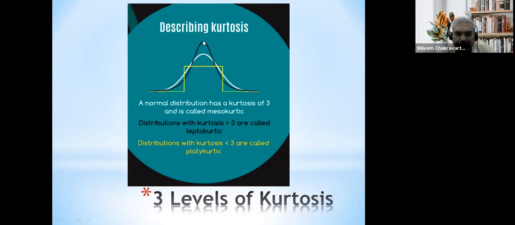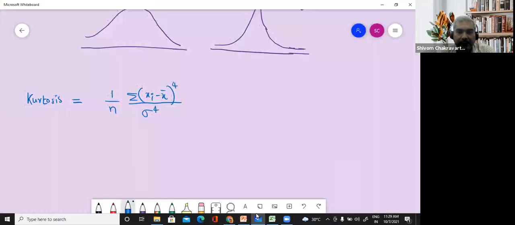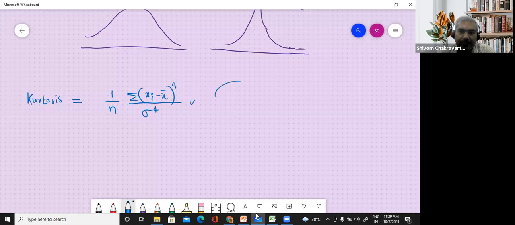If the peakedness is very high, it is called leptokurtic. Normally distributed data is called mesokurtic, and the value is 3. 3 means the value of this formula. If it is equal to 3, the data is called mesokurtic.